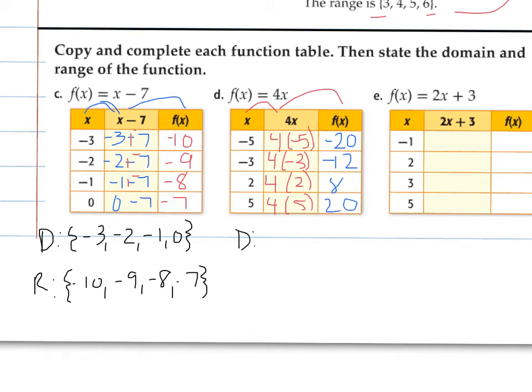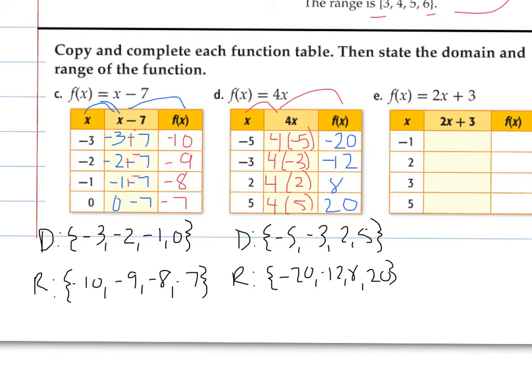For a domain set of -5, -3, 2, 5, which yields an output range of -20, -12, 8, and 20.